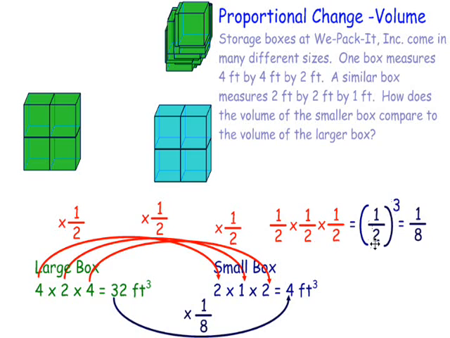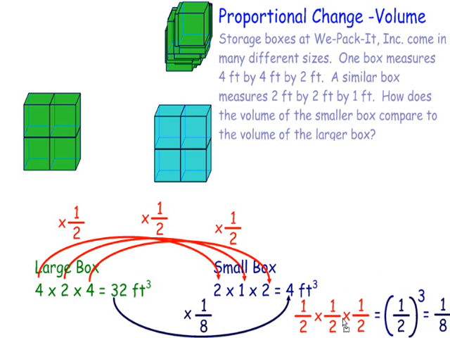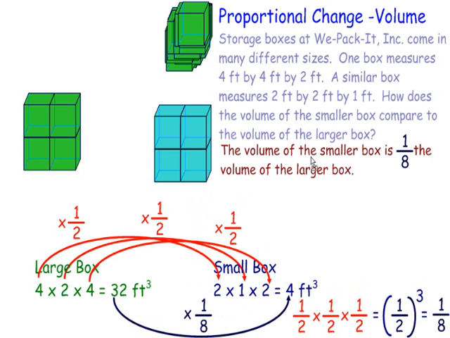So 1/2 to the third power is the same as 1/8. We multiplied 1/2 3 times because we took half the length, half the width, and half the height. So the volume of the smaller box is 1/8 the volume of the larger box.